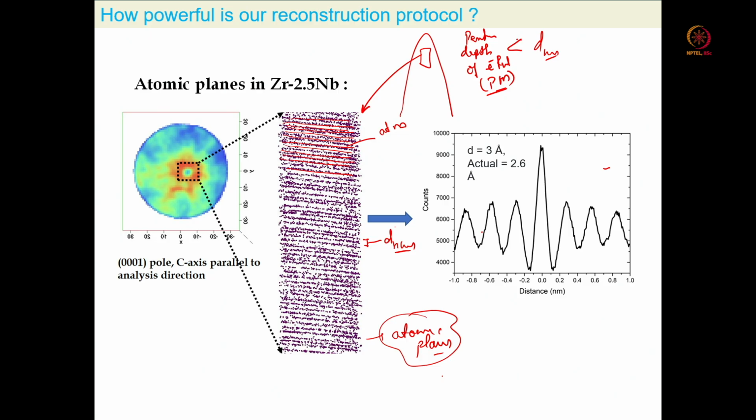So that's why we can resolve the atomic planes, and we can get the composition of each atomic plane in the z direction. We can call this the resolution along z, or we can call it the lateral resolution. Okay, so with this I will end this class.